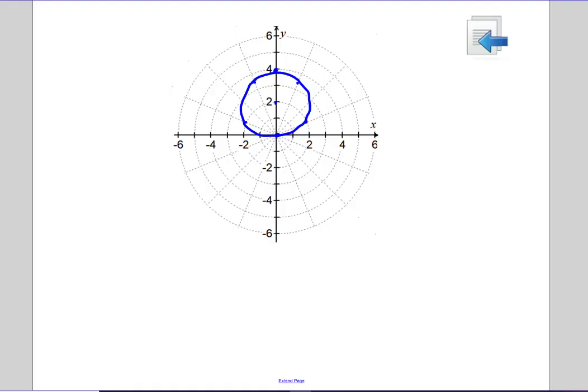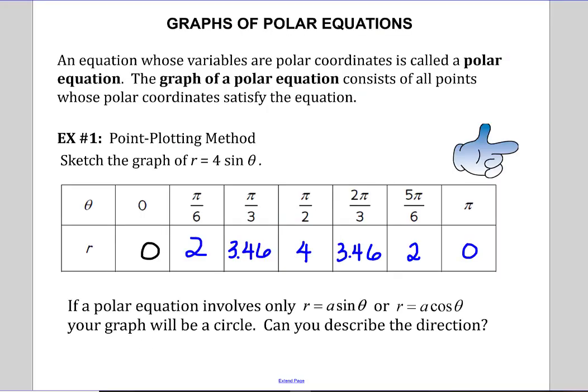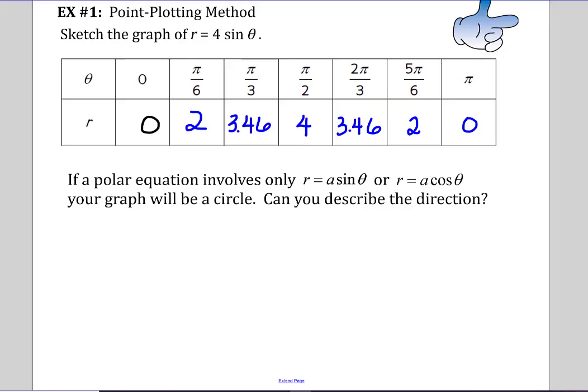So when I have r equals positive cosine, or negative cosine, we're going to find out that that has x-axis symmetry.